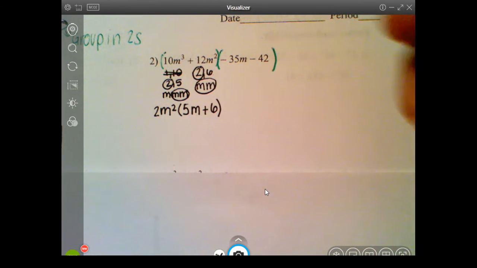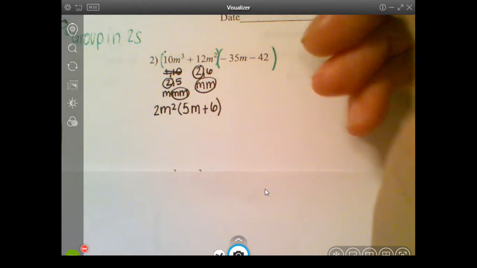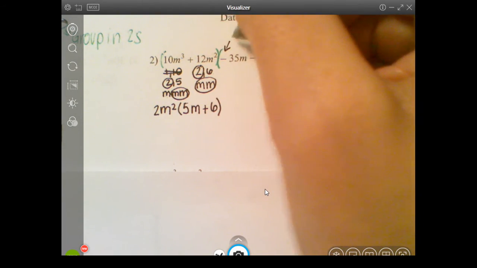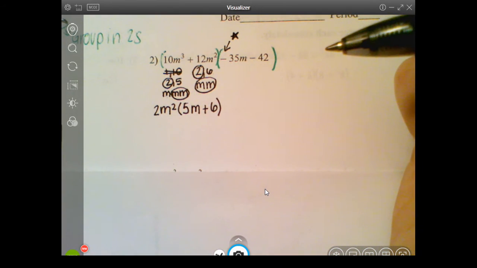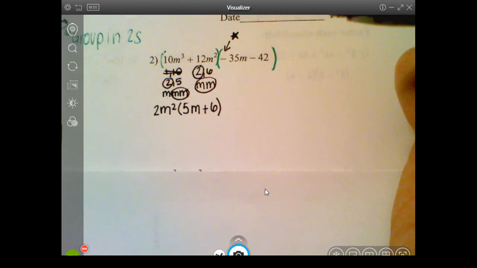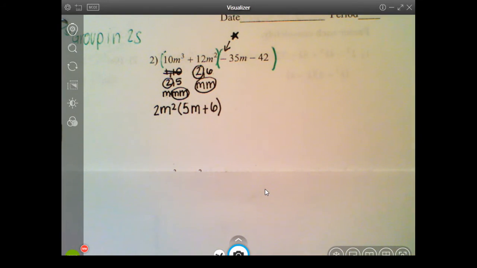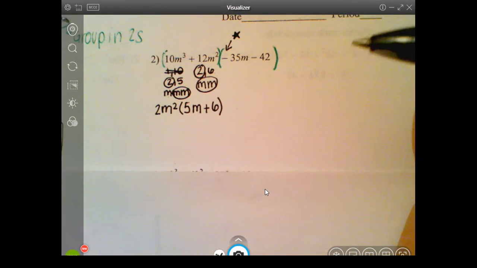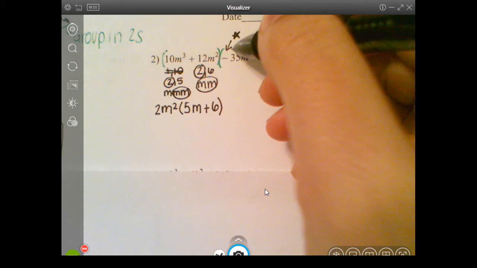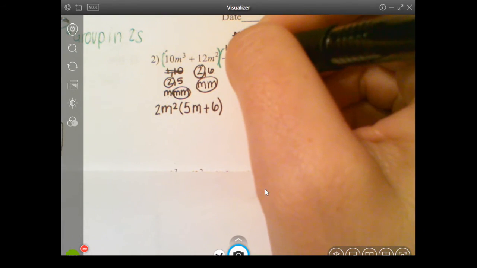Okay. We're going to go on to parentheses number 2. Now this one is a little bit tricky because there's a minus sign in front of the 35, or a negative sign. So I'm going to show you what we're going to do with that. But for right now, we're just going to do the same method. So 35, 1 and 35.